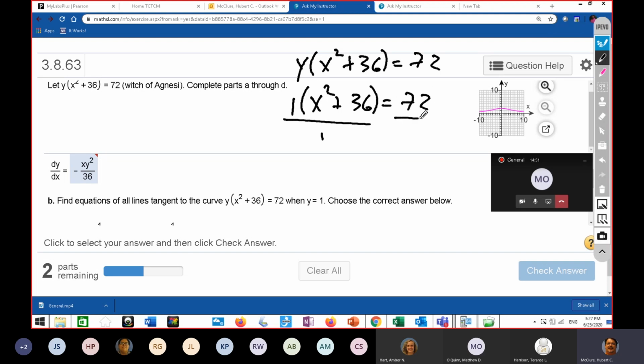Divide by 1, divide by 1. x squared plus 36 is equal to 72, so x squared is equal to 36. x is equal to positive or negative 6. Sorry, let me erase that. I mean, it's still valid. Yeah.